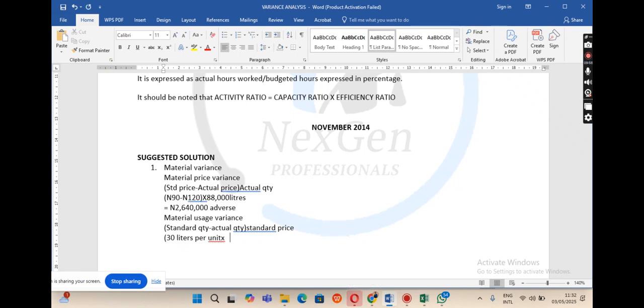Now, times minus 88,000 liters, standard price. Sir, hello, sir. Yeah, I'm with you. The actual, are we not going to divide that 88 by 120, since we are picking per unit on the standard?